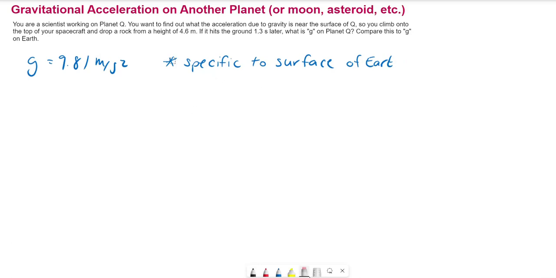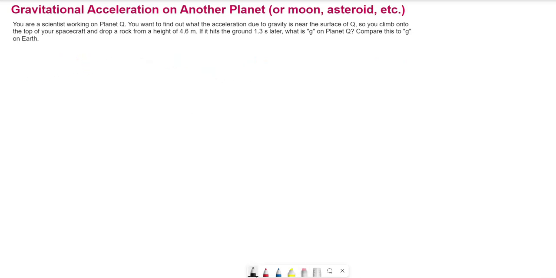So let's get rid of this, and we'll look at what we have in this problem. We're dropping a rock, and it's going to hit the ground. We know that the height that we're dropping it from is 4.6 meters. So that's our change in the y direction.